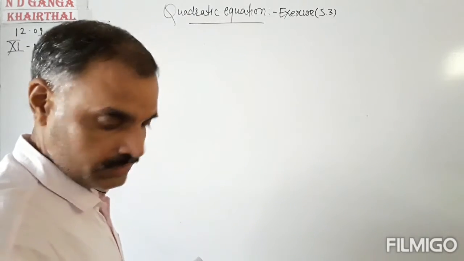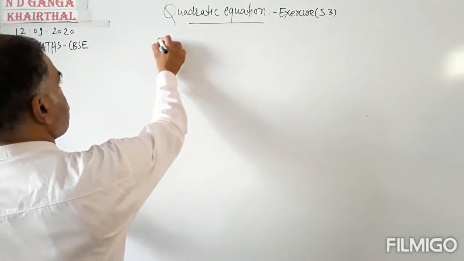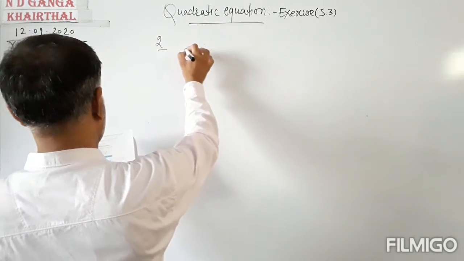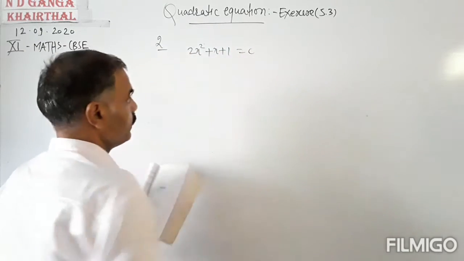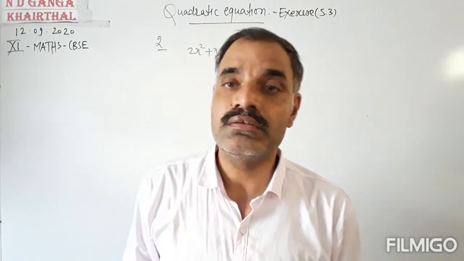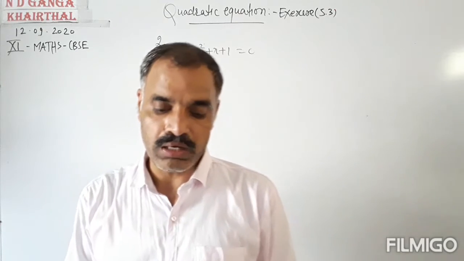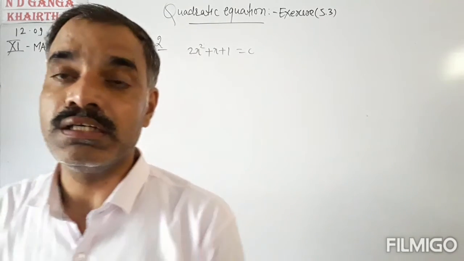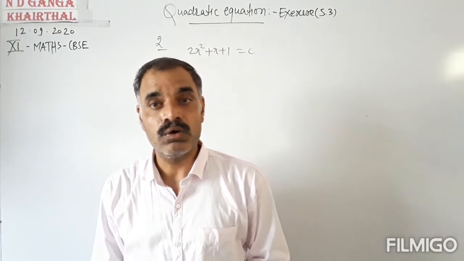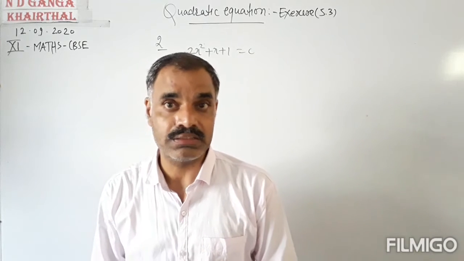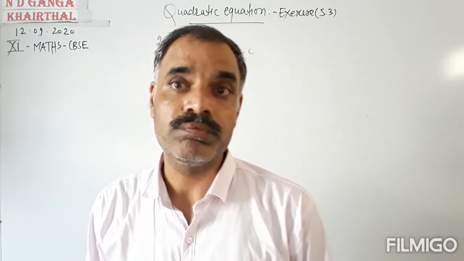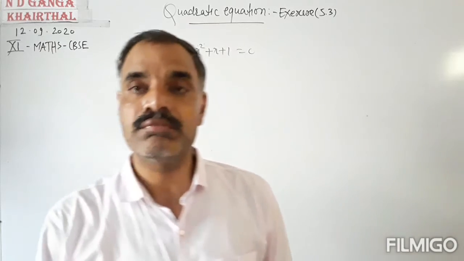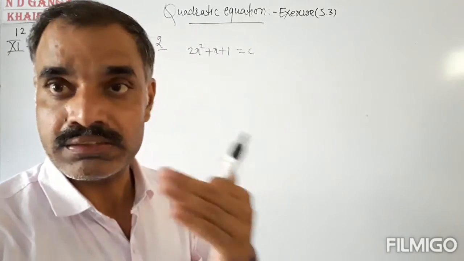Question number second is given as 2x square plus x plus 1 equals to 0. All the questions are the same. We have to solve each of the following quadratic equations. All the quadratic equations are the same in which d is less than 0, so we will have complex roots.